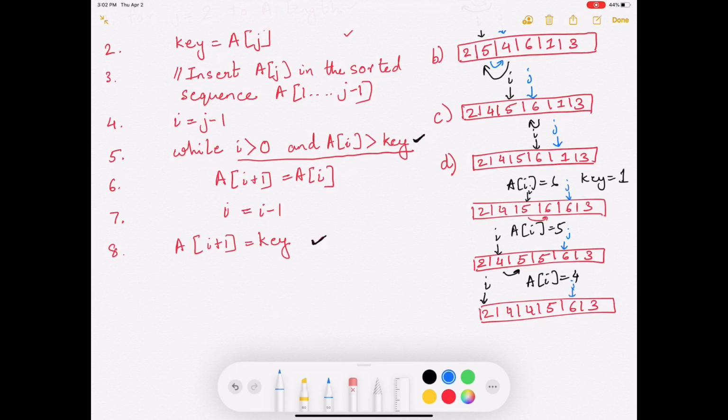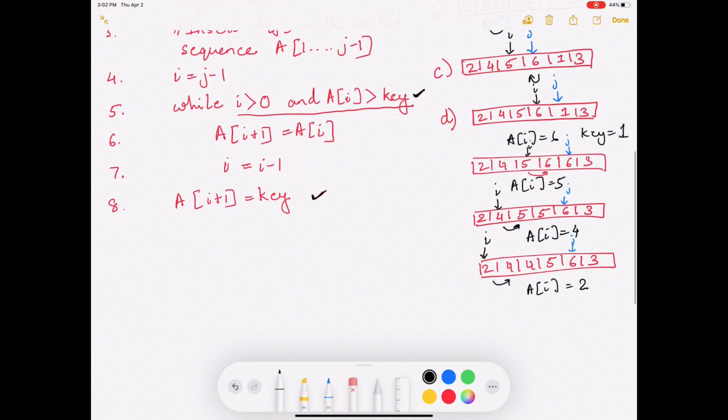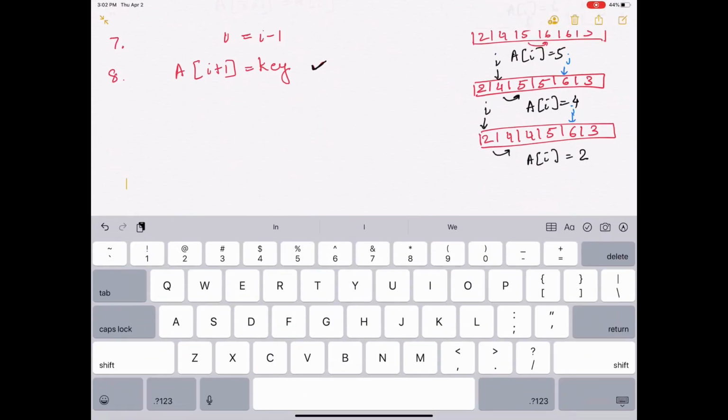Okay. Now you must have understood the basic concept here. There is A[i]. A[i] is now equal to 2. It is still greater than key. So you're going to copy this 2 over here. So this logic must have become very simple, and you must be understanding it completely.